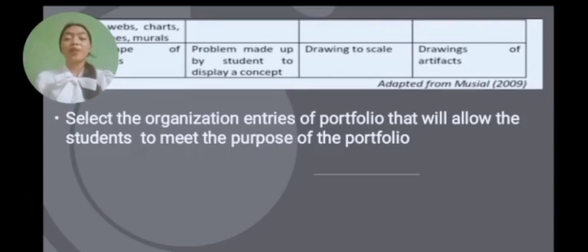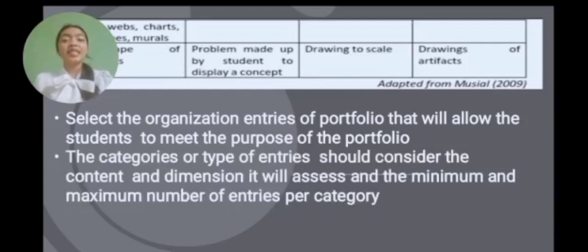According to Macmillan 2007, use work samples that capitalize on the advantages of portfolios such as flexibility, individuality, and authenticity. Next, the categories or types of entries should consider the content and dimension it will assess, and the minimum and maximum number of entries per category.